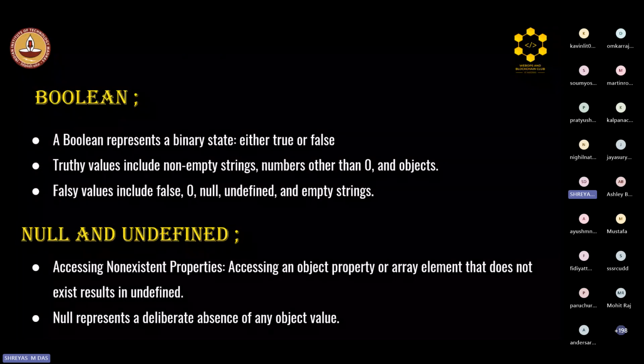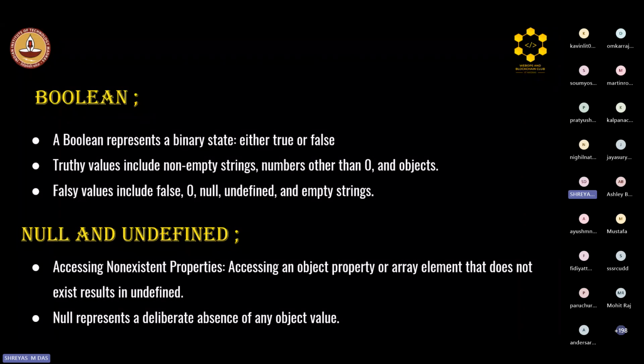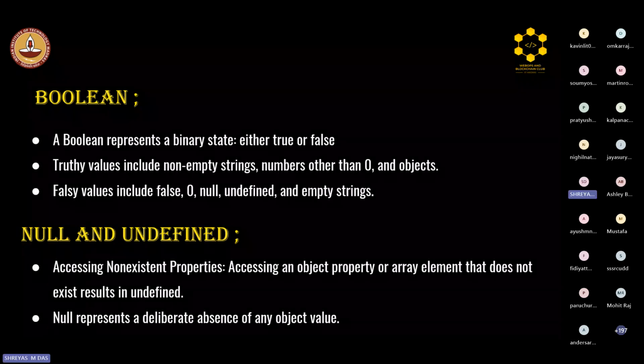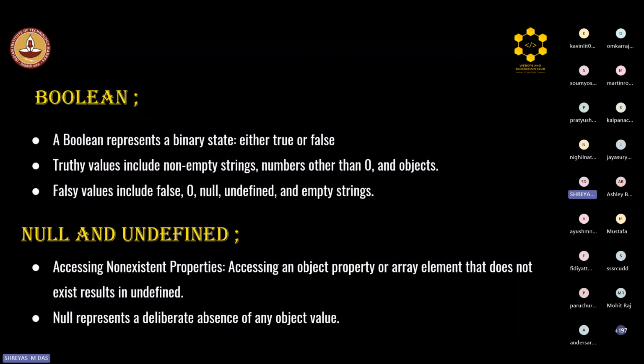Null represents that there is nothing in that array or something. If there doesn't exist anything inside the particular array, then that will be called null. You cannot access the empty value and you cannot operate on the empty value.